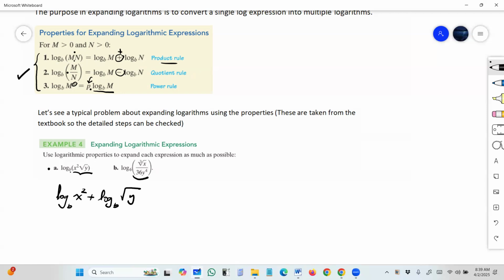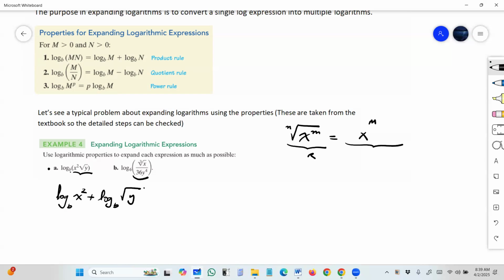Now, in the properties of logs, we don't have anything that deals with radicals. So anything with a radical has to be converted to exponential form. So you have to remember how to convert from radical form to exponential form.